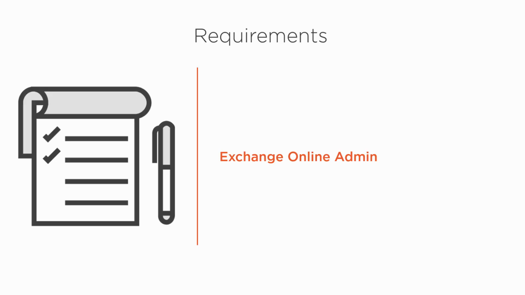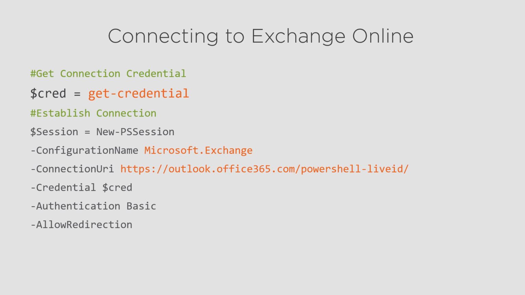To connect to Exchange Online, you need to be an Exchange Online administrator, and that is about it. You don't need to download the module because the way that connecting to Exchange Online works is that we actually create a remote PS session to Exchange Online.